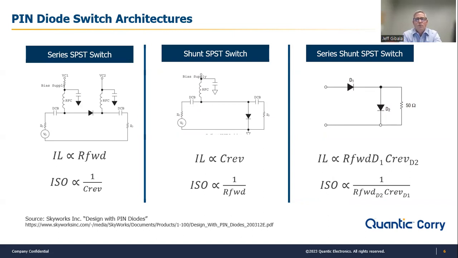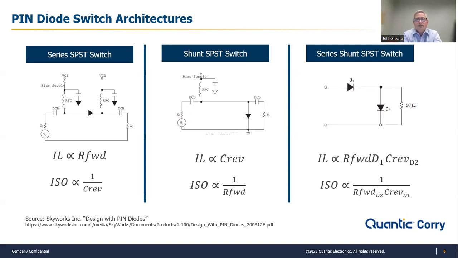And then when it's reverse biased, it looks like the high value resistance and looks like just the reverse bias capacitance, and the energy can pass through to the load. In this architecture, insertion loss is proportional to the reverse capacitance, and the isolation is inversely proportional to the forward resistance. So it flips from the series version.